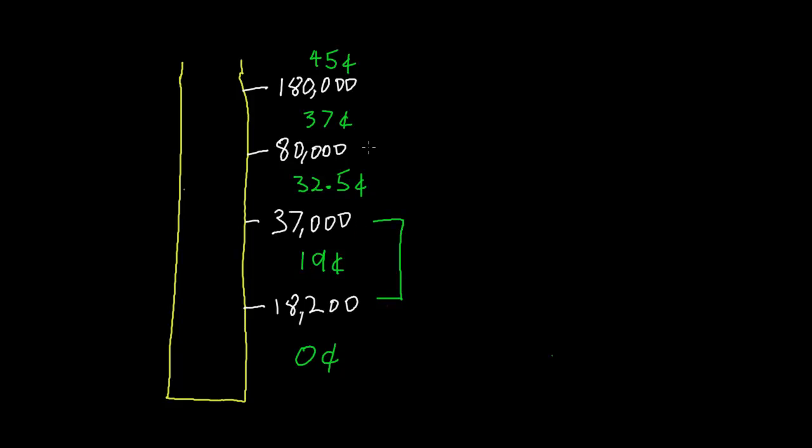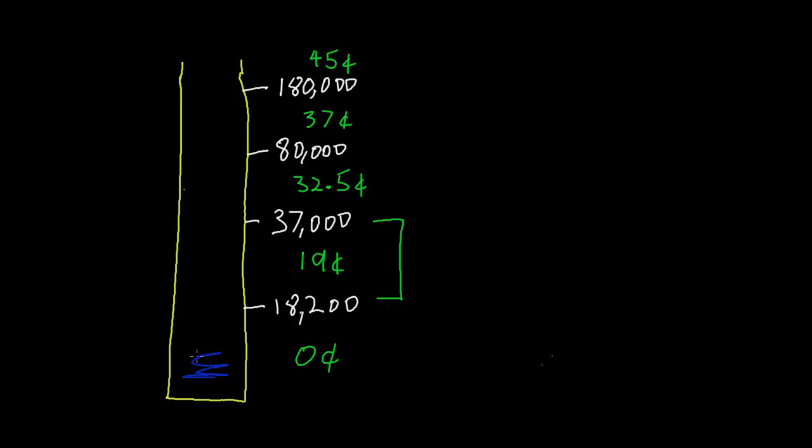You don't pay 32.5 cents on the whole lot. You only pay 32.5 cents per dollar for any bit that falls in there. And the same goes for here. Anything between 80,000 and 180,000, you pay 37 cents in a dollar. So as you go up, you're paying tax through that bracket, and this bracket, and this bracket. As the water fills up, you're paying more tax as you go.